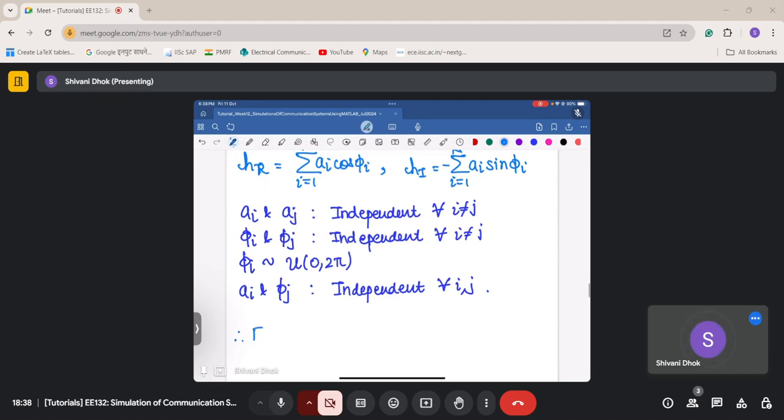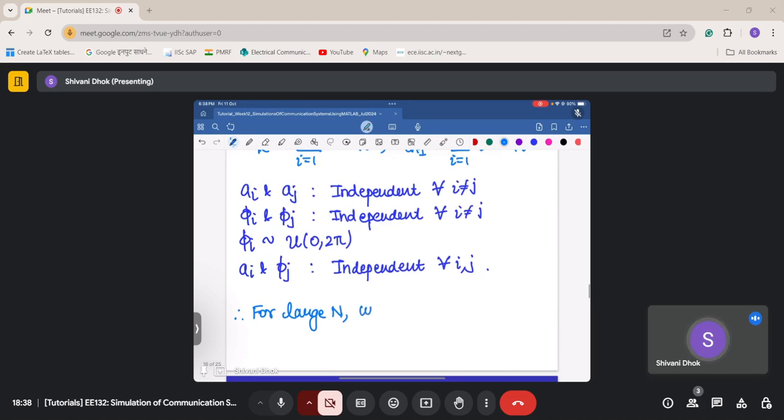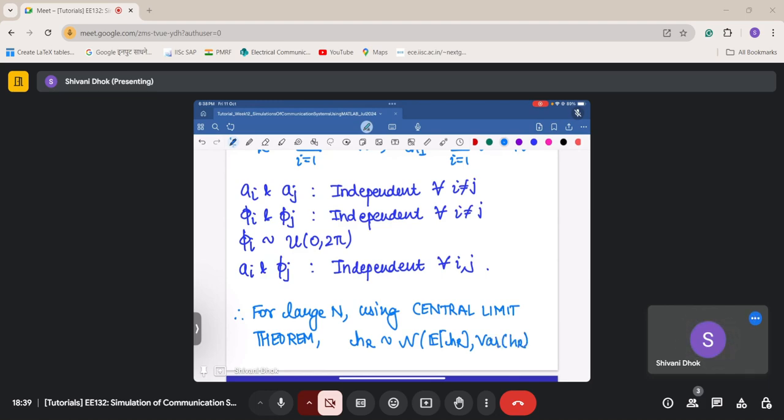Therefore, for large n, using the central limit theorem, we have HR distributed as Gaussian with mean of HR and variance of HR, and HI distributed as again Gaussian with mean of HI and variance of HI.